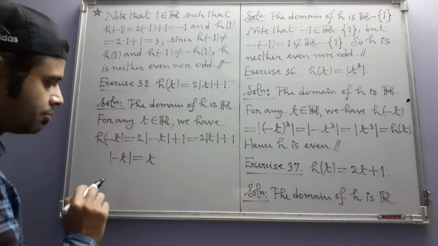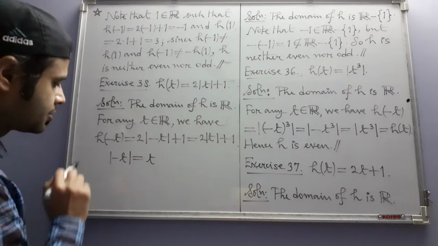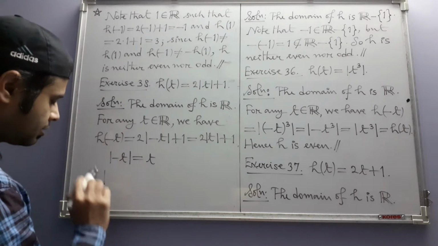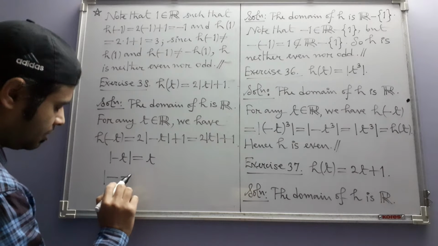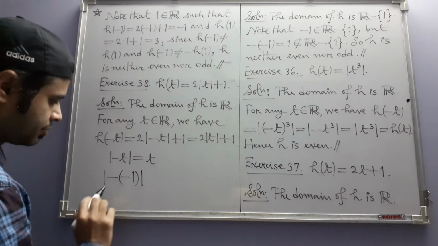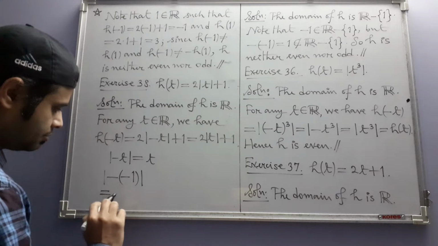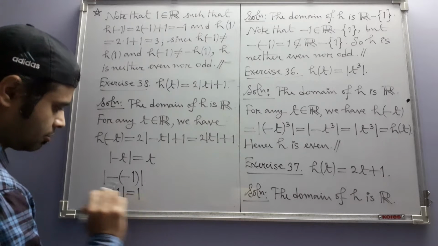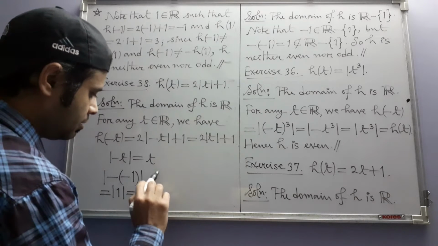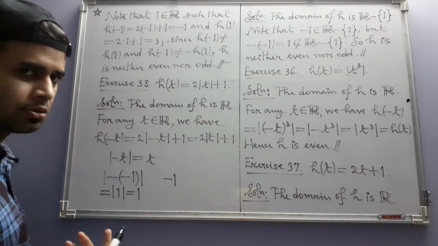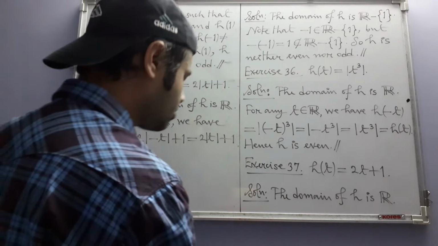The values for which this will be false are the negative values. For example, suppose you take minus 1 in place of t, then what will this be? 1. However, your t is minus 1. Is 1 equal to minus 1? No. So that's why this is not always true.